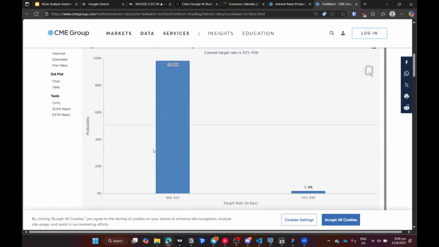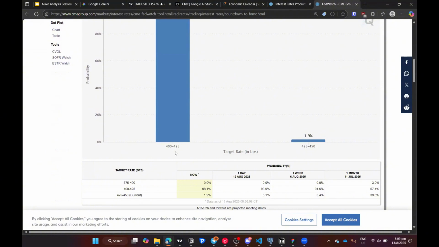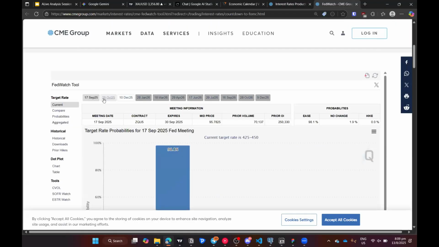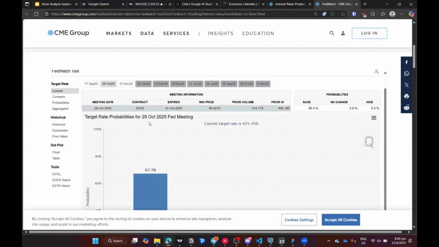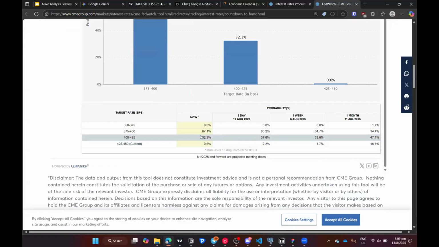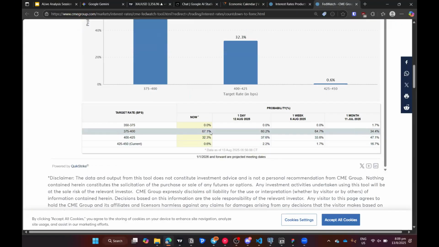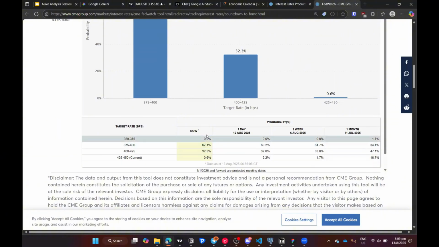Okay, so 98% is predicting a 25 basis point cut, and that was up from one month ago at 57.4%. So 400 to 425 by September, and then in October, another expectation increase from 34% to 67.1% for a 25 basis point cut.